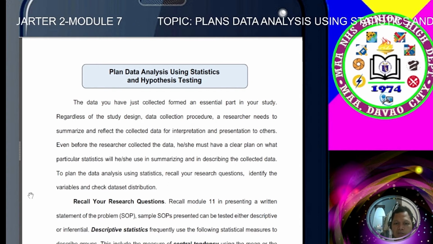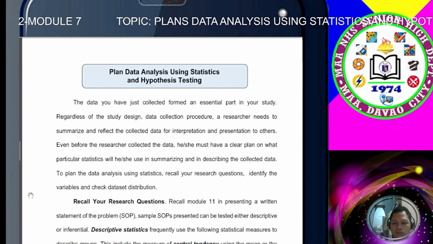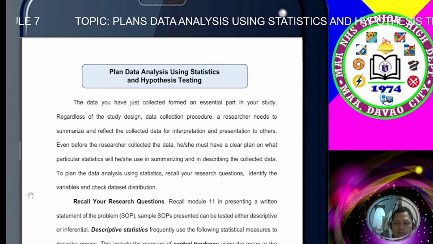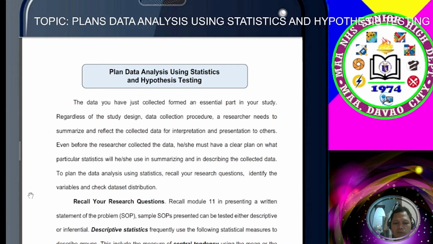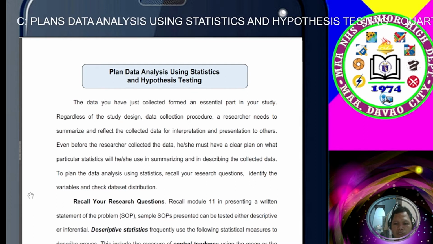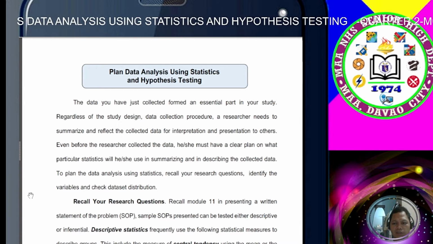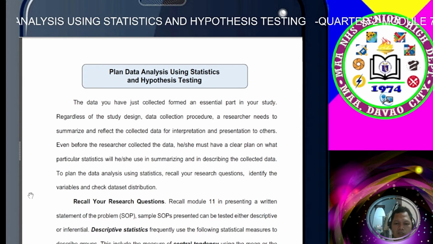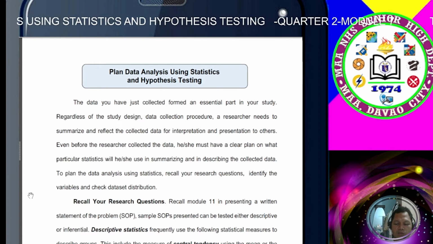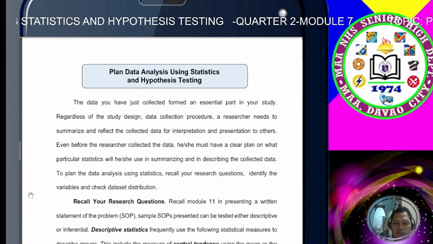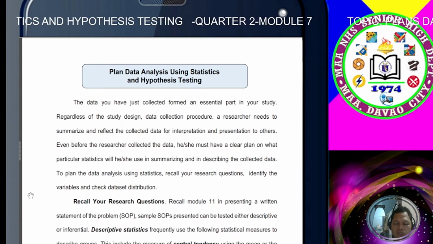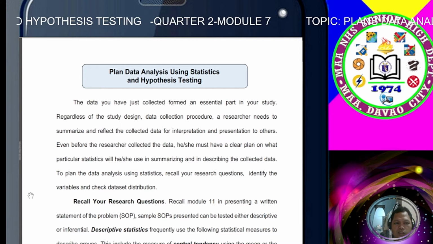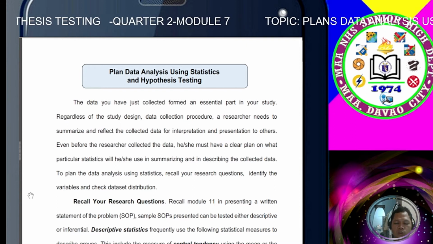I hope you recall your statement of the problem and your research questions. You have there two types of research questions: the descriptive and the inferential. Your inferential questions, as we discussed in our previous modules, will guide you on what statistical tool you will use.